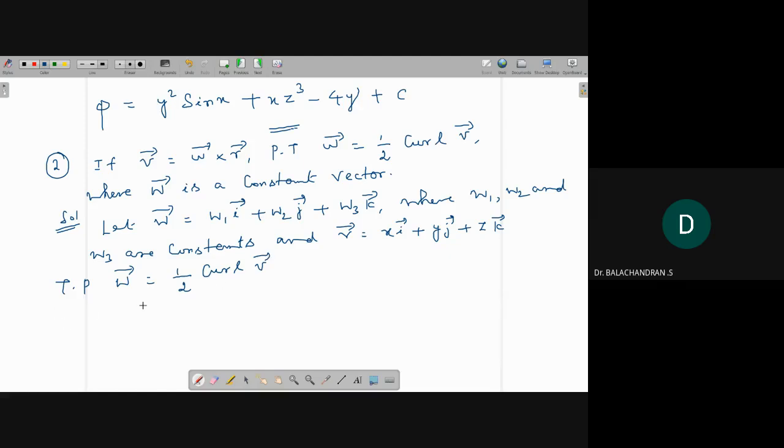So I will take the right hand side expression, RHS. 1 by 2 into curl v vector.